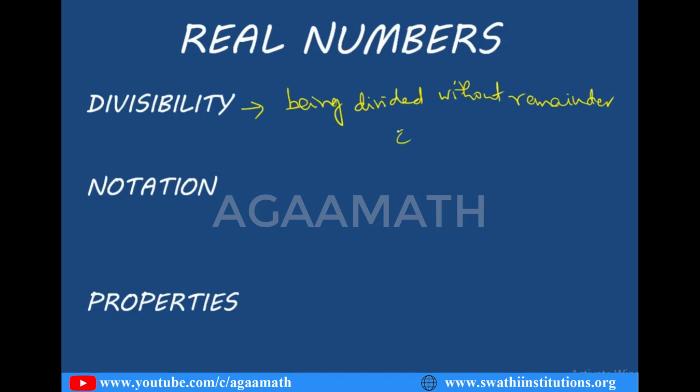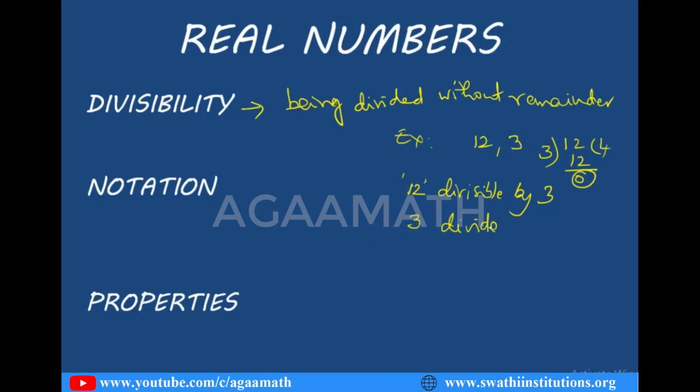For example, consider two numbers 12 and 3. Here 12 is divided by 3, and the remainder is 0. We can say that 12 is divisible by 3, or 3 divides 12. This is example 1 and this is example 2.